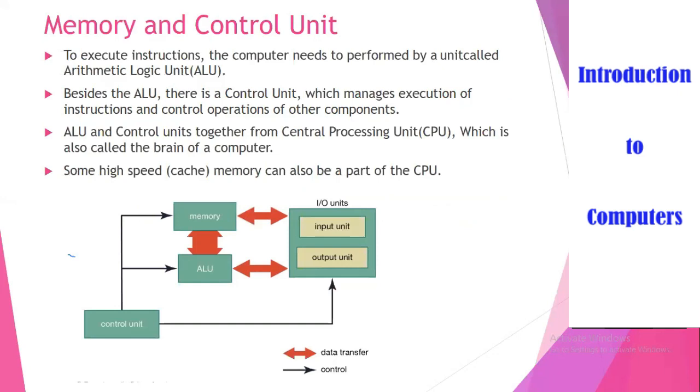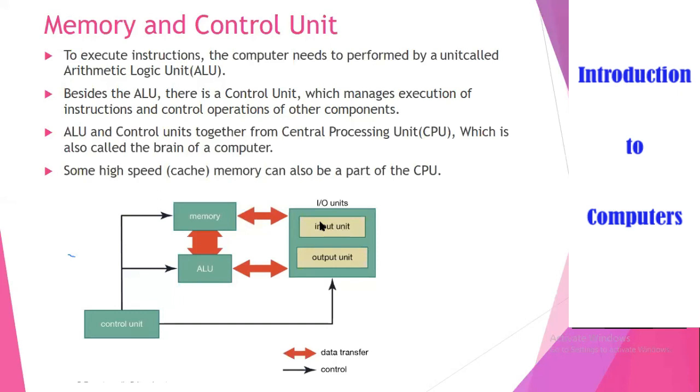Now comes memory and control unit. We have taken this section earlier, so here again we are getting an idea, like a revision. There is the control unit, ALU, that is arithmetic logic unit, and memory, that is MU. This is a picture of how the CPU, central processing unit chip, works.